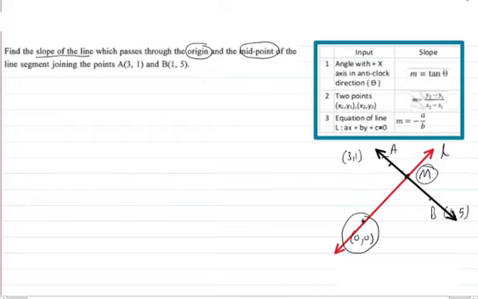So first of all we have to find this midpoint to get the slope using difference of y upon difference of x, right?